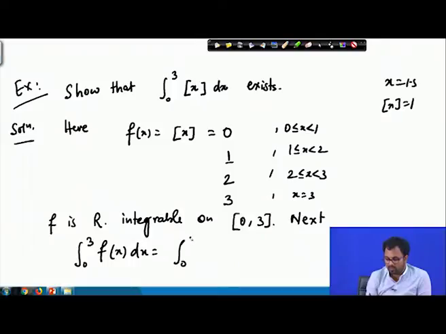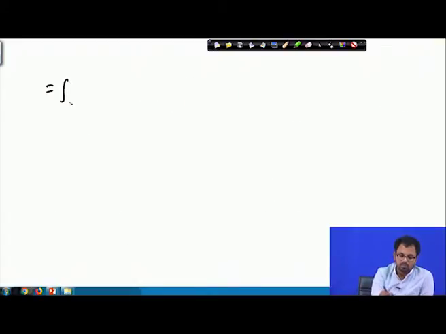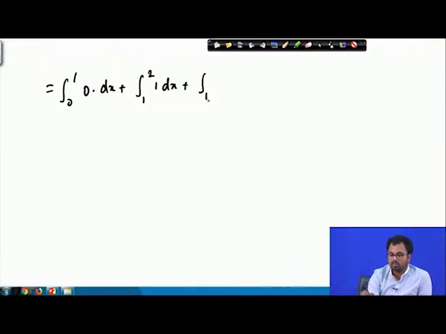Next we will calculate the integral from 0 to 3 of f(x) dx. We divide the interval into 3 subintervals: 0 to 1, 1 to 2 f(x) dx plus 2 to 3 f(x) dx. So, let us go to a new page. Between 0 and 1, f(x) is 0, between 1 and 2, f(x) is 1, and between 2 and 3, f(x) is 2.